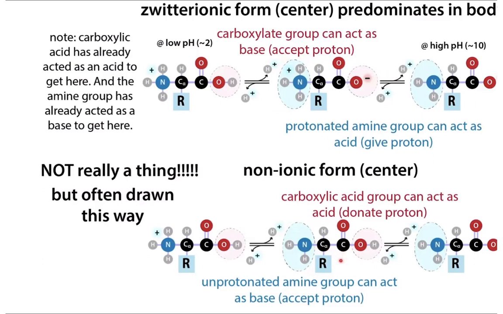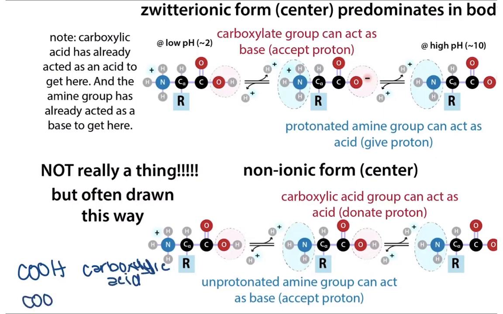But recognize that you are often going to see this form used where you would see NH2 on one end and COOH on the other end. Remember that COOH is an abbreviation we often use to talk about carboxylic acid. So COOH, remember that's our carboxylic acid. Sorry, I can't spell very well.